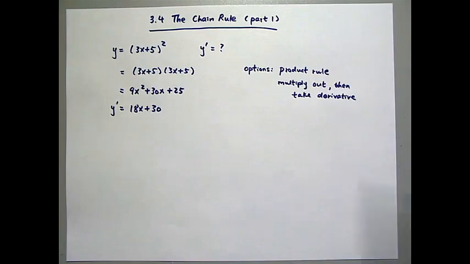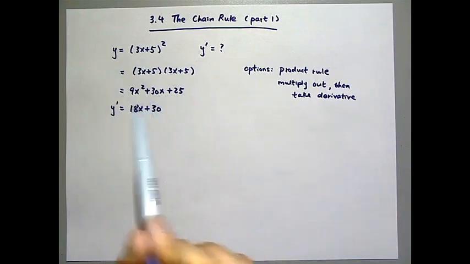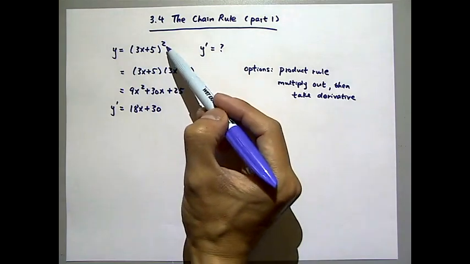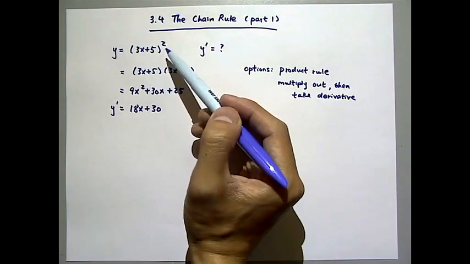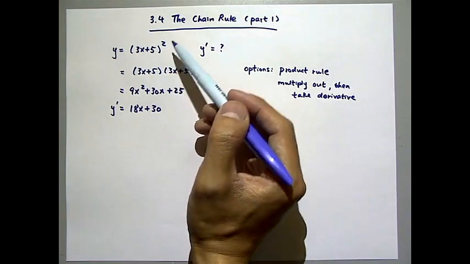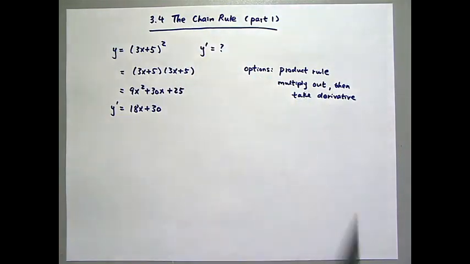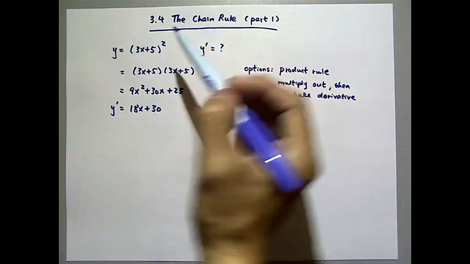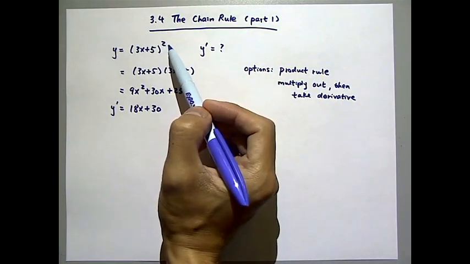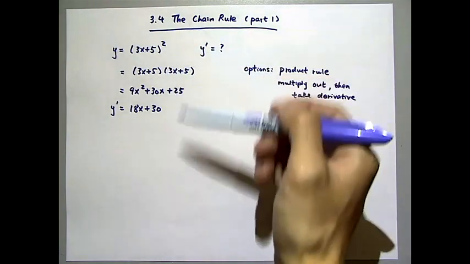But notice that the only reason this could be done was because this power was not very high. If this were 3, we could still handle that somehow. 4 may be okay. 5 and beyond, things start to get very, very murky. And what if this thing is negative or a fraction? Then what we did here is not going to work.